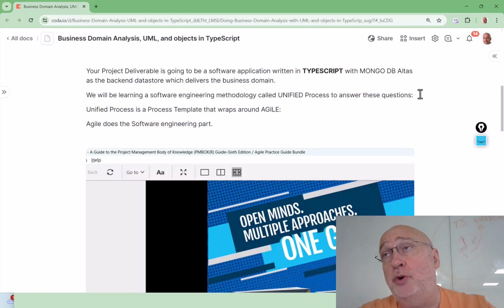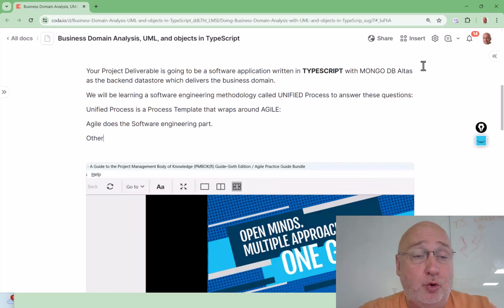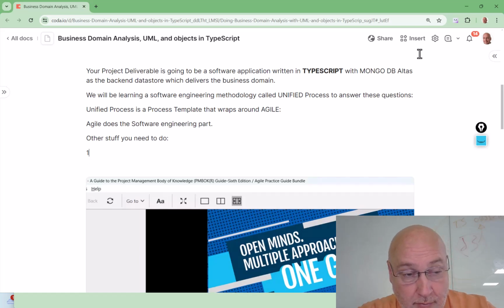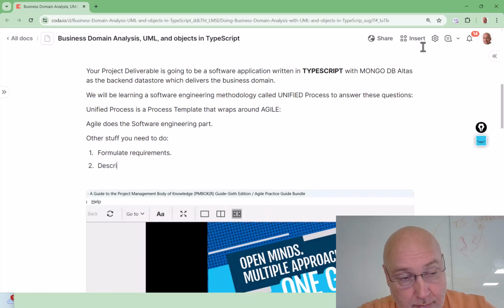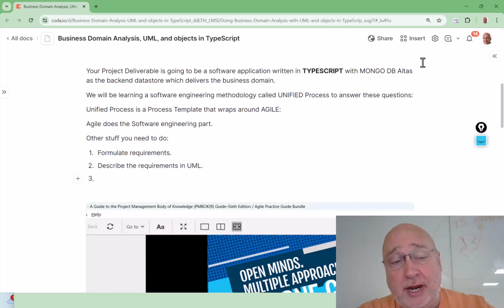You need to forward generate the requirements into use cases. And then you forward generate the UML diagram to software.